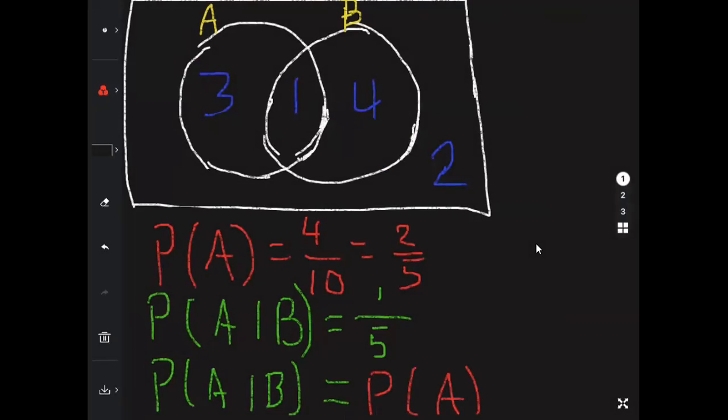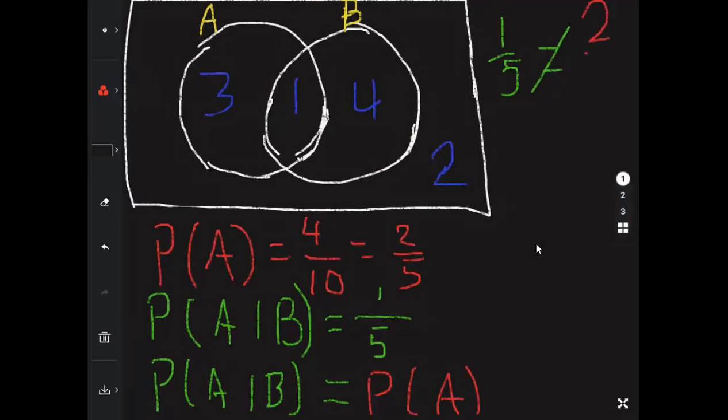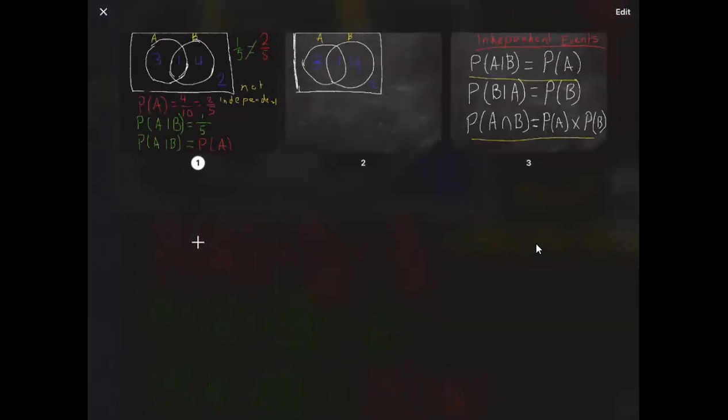Because 1 on 5 is not equal to 2 on 5, then our answer here is that these two sets of values are not independent. Dependent. And I ran out of space there, not independent.